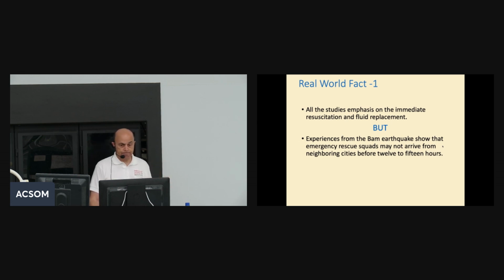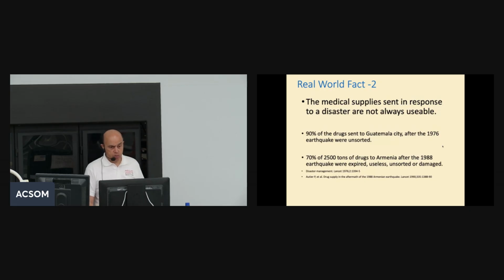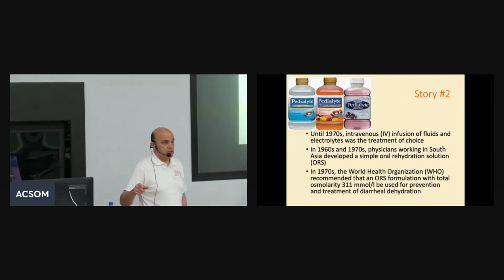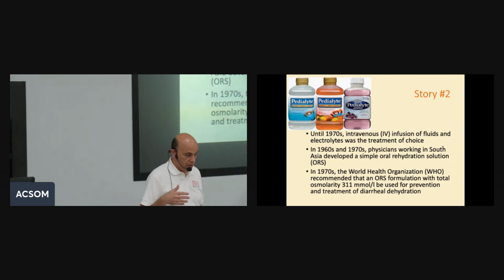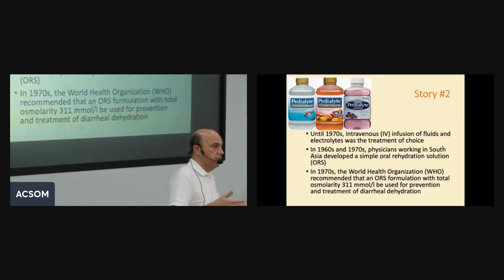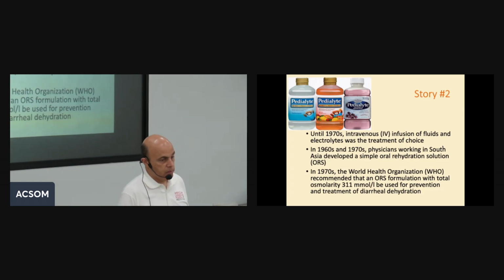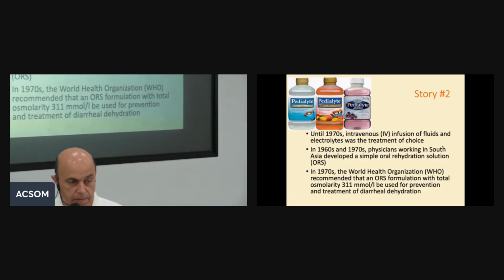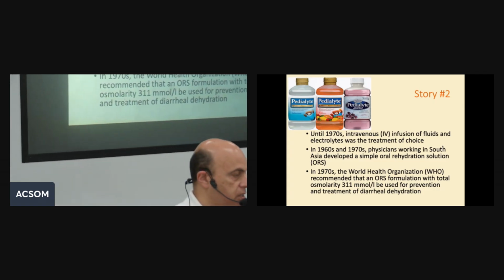The second story that I want to tell you guys is in India. There was a cholera epidemic, and people would die with diarrhea because of cholera. So some group decided to ask how we can reduce mortality.